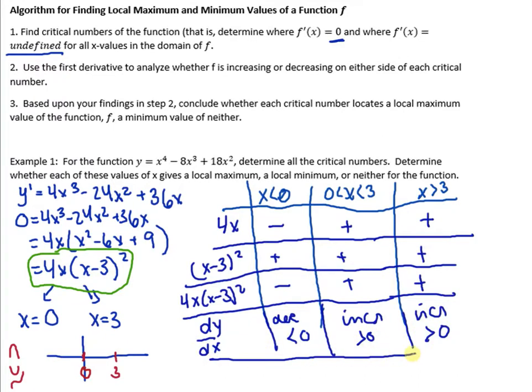So if the derivative is negative, we know that the shape of the graph is going to go like this, increasing and increasing. So now all we have to do is come over to this graph, and we know that it's going to go down to 0, and then it's going to go back up to 3, level off so that the derivative is 0, and then up again.